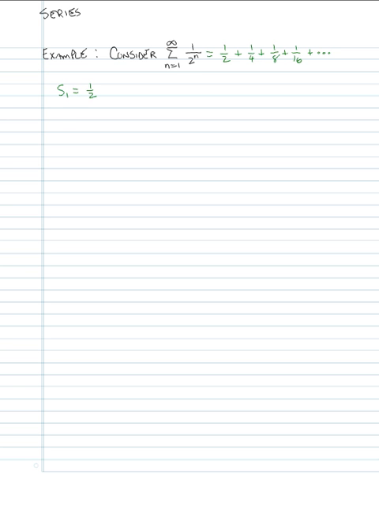Now, s sub 2 is 1/2 plus 1/4, and if we add those together, we get 3/4. S sub 3 will be 1/2 plus 1/4 plus 1/8, and if we add those together, we will get 7/8.